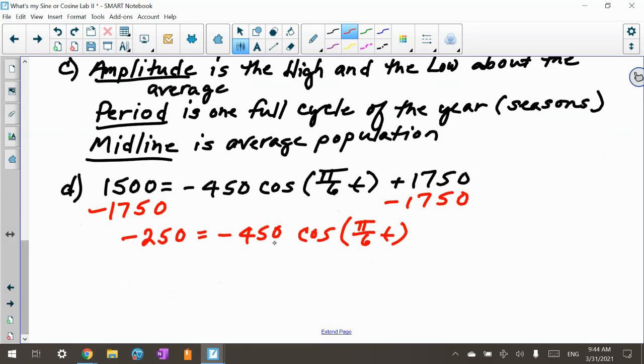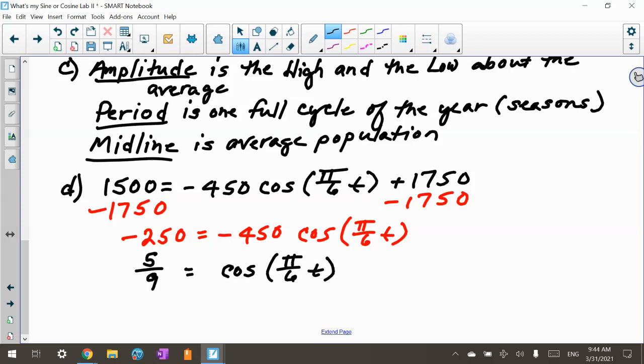Because the negative 450 is attached to the cosine by multiplication, we divide both sides by negative 450, and it turns positive. So I end up with 5/9 equals the cosine of pi over 6t.